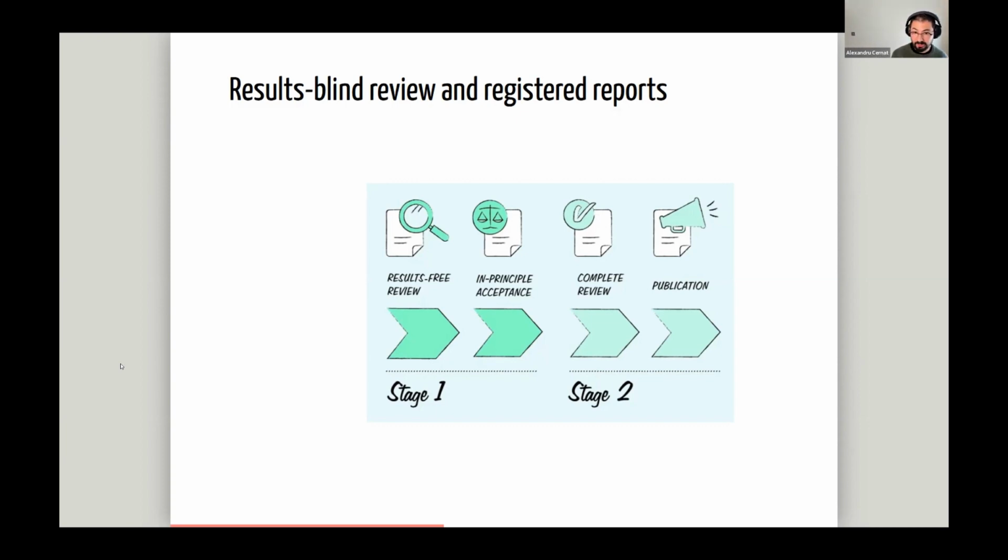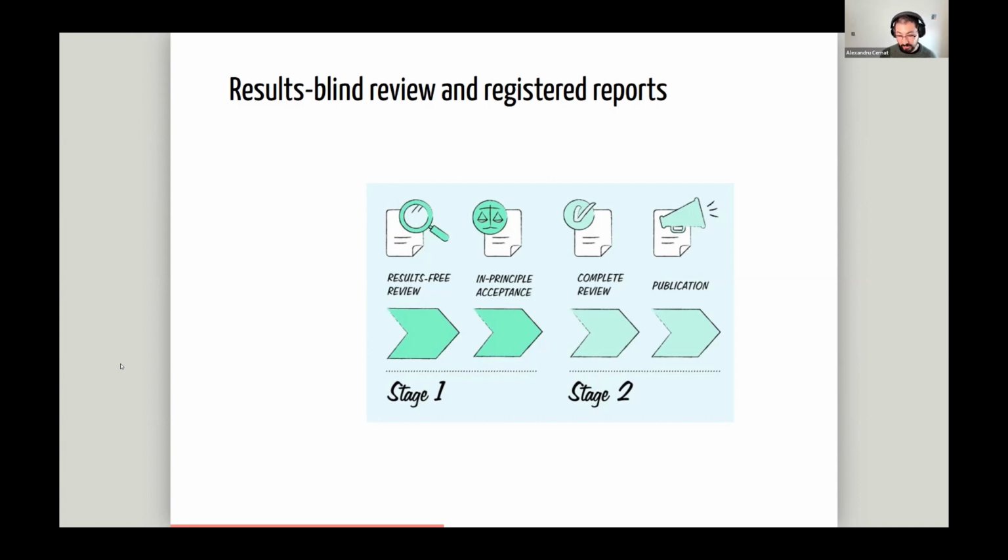And then you could collect the data or access the data if it already exists, follow all the stages that you had in your pre-analysis plan, and then submit the final paper for review. Ideally, this should be accepted in principle if you follow all the steps that you mentioned in advance.